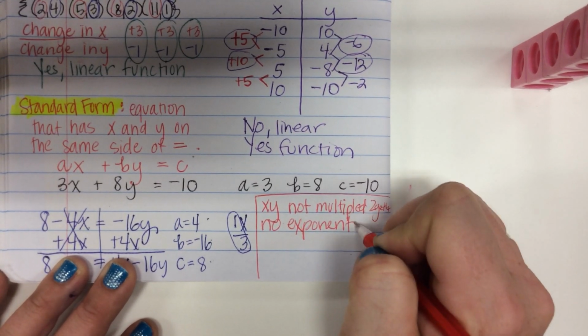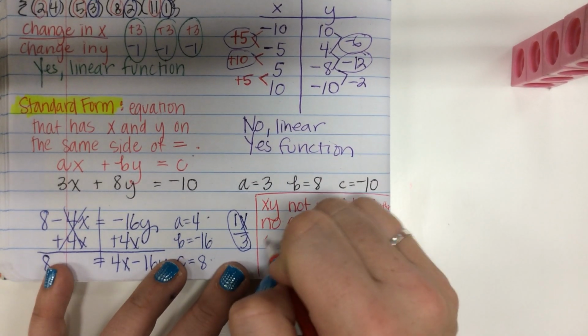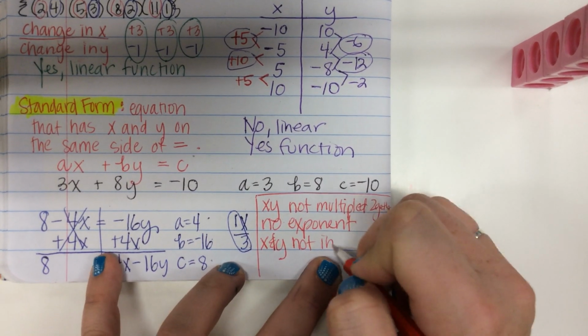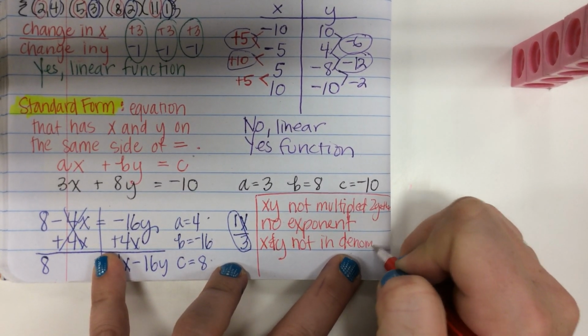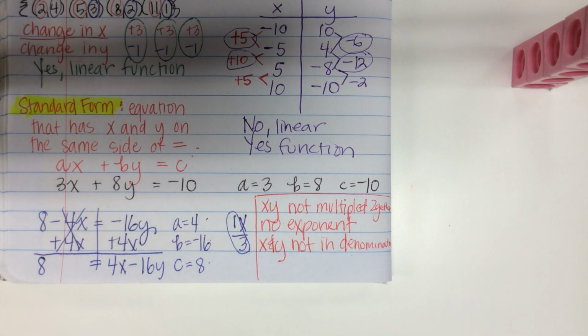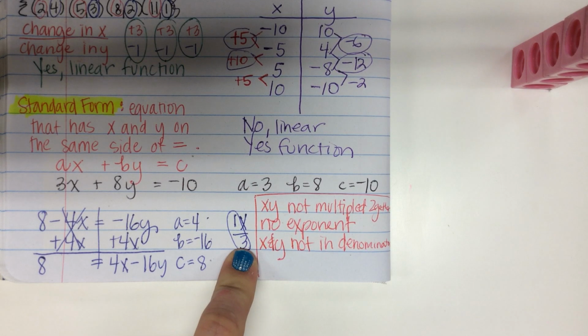If it has an exponent, it's not linear. And X and Y are not in the denominator. If X or Y are in the equation and they're in the denominator, they're down here, it's not linear.